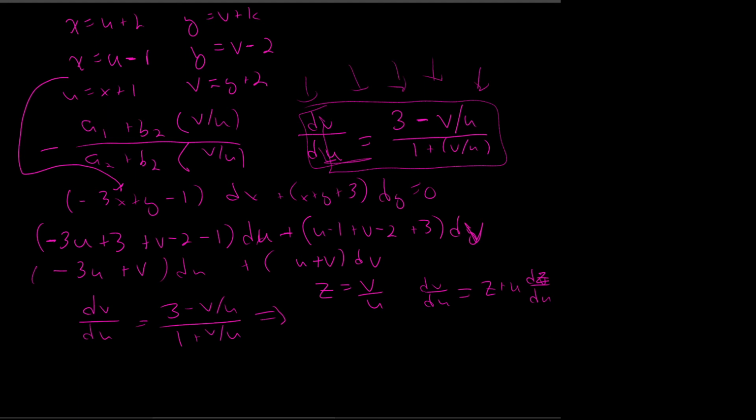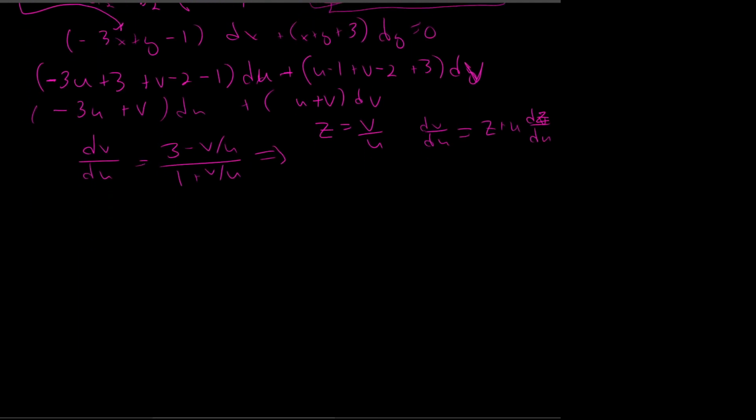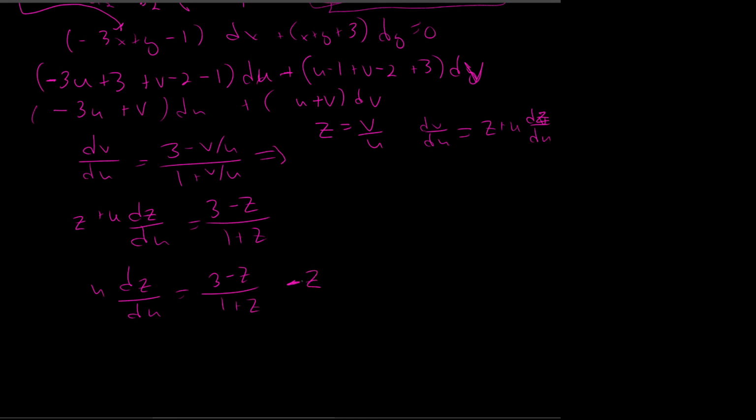And now I can do my substitutions. So z plus u dz/du is equal to 3 minus z over 1 plus z. Now I can solve: u dz/du is equal to 3 minus z over 1 plus z minus z.